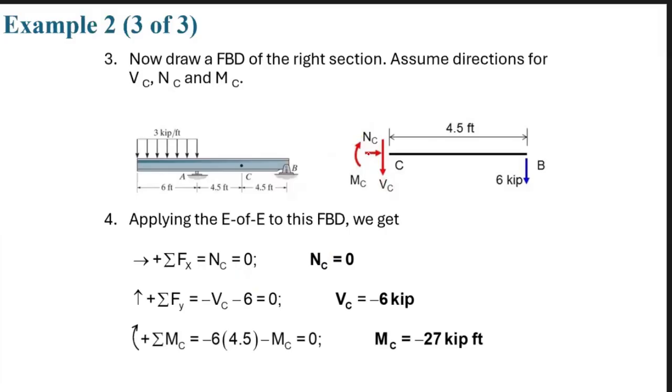Because we don't have any external axial force, so definitely we don't have axial force. We find VC is minus 6 kilopound. When it is minus, it means the opposite direction to what we considered. And for MC, we find minus again, so the moment should be in the opposite direction: it is clockwise, it should be counterclockwise.